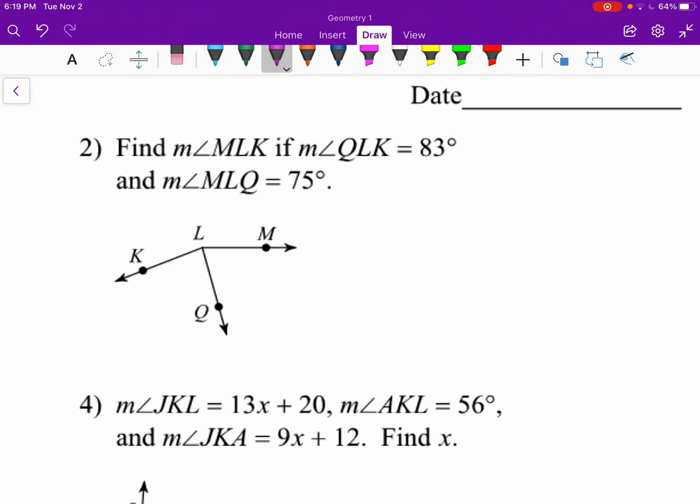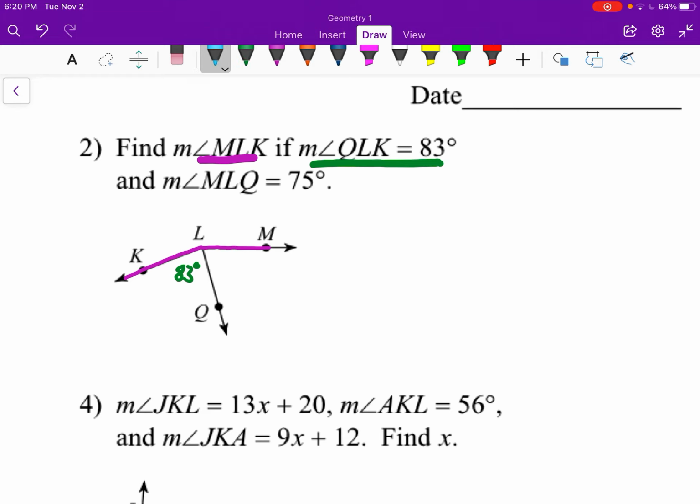Number 2 is very similar. We want to find measure of angle MLK. We know that measure of angle QLK is 83 degrees. QLK, that's right here, that's 83 degrees.